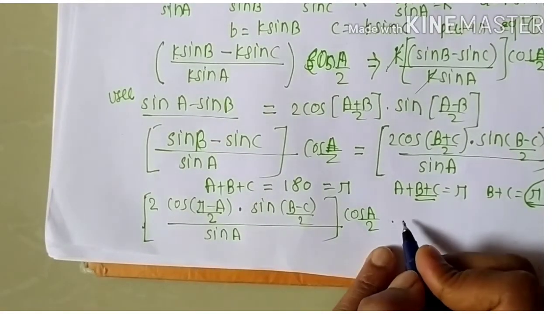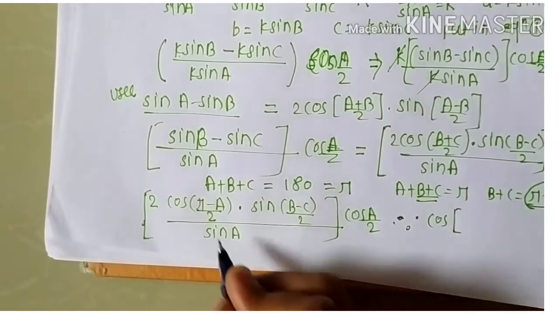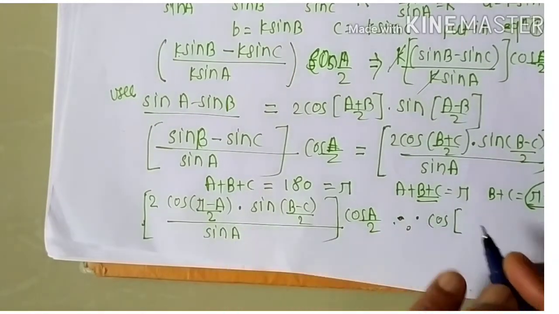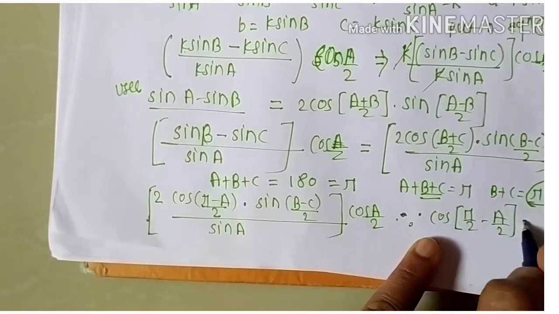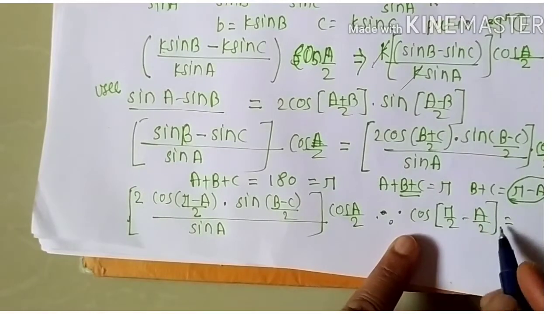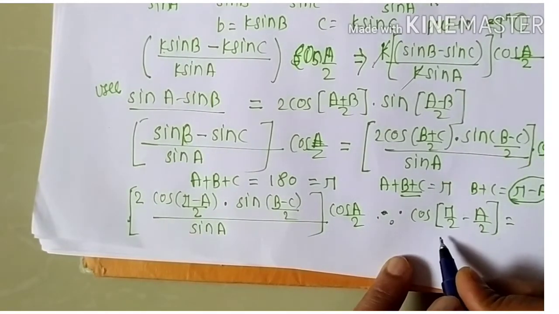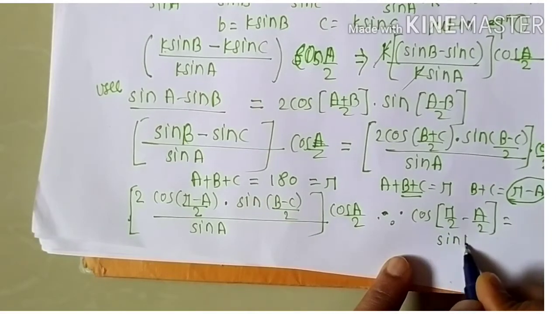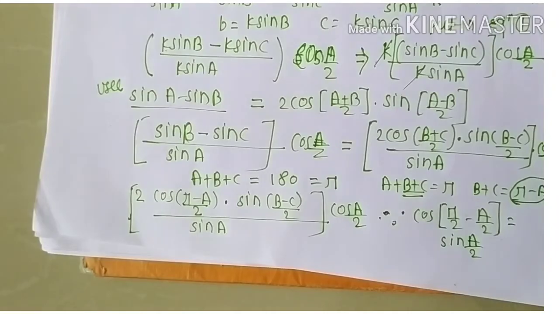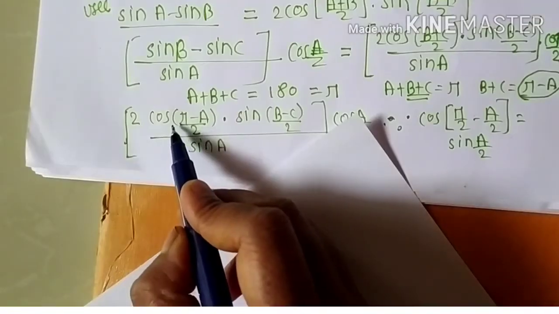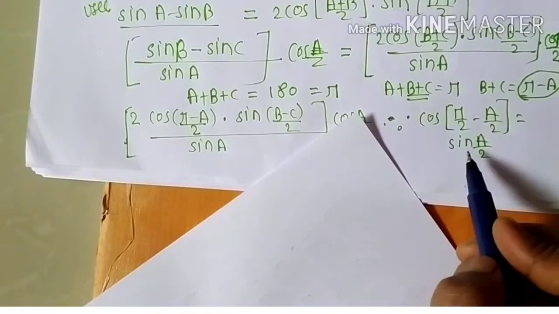We have to use the result: if we separately divide the pi by 2, it is cos of (pi by 2 minus a by 2), and applying the result, we get sin a by 2. We substitute sin a by 2 in place of cos (pi minus a) by 2.